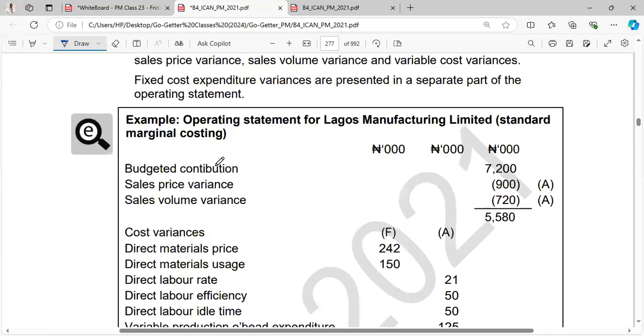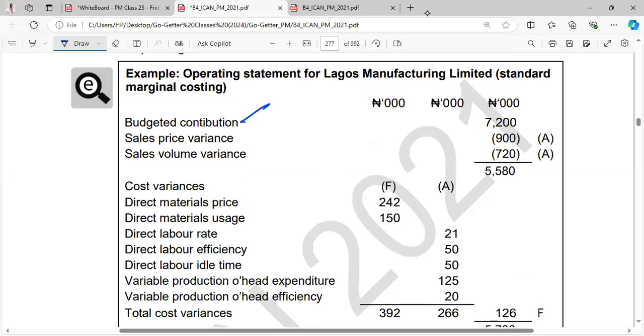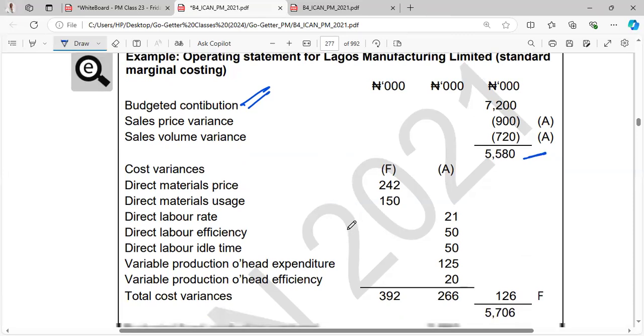Then when we look at the operating statement, it is still the same thing. Start with budgeted contribution. The other one was budgeted profit, but this is budgeted contribution. Look at the sales volume variance, and we've got a subtotal. Then you need to bring all your cost variances, favorable and adverse, differently.